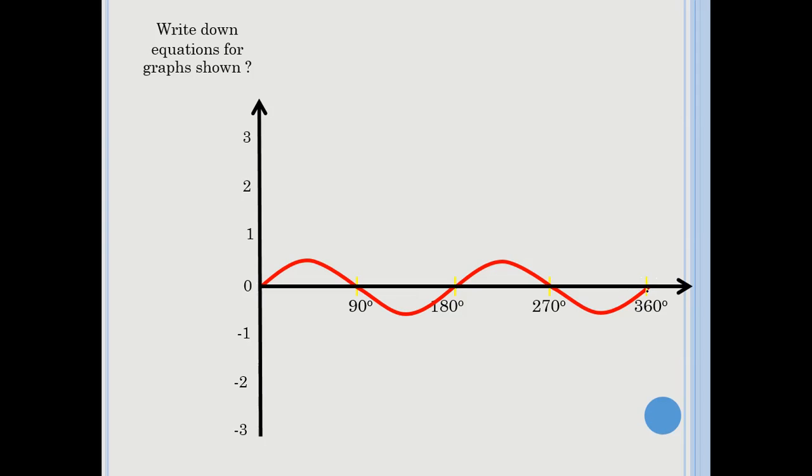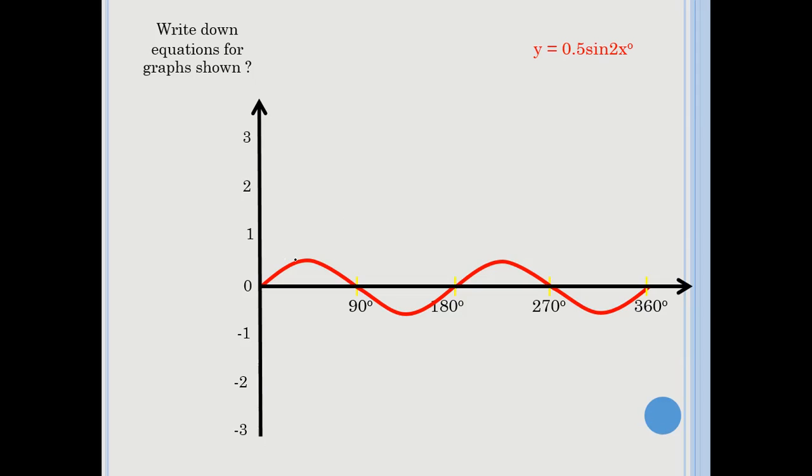We can see that at 180 degrees, the graph has started to repeat itself. So the period is 180 degrees, which means that in 360 degrees, it's actually going to repeat itself twice.